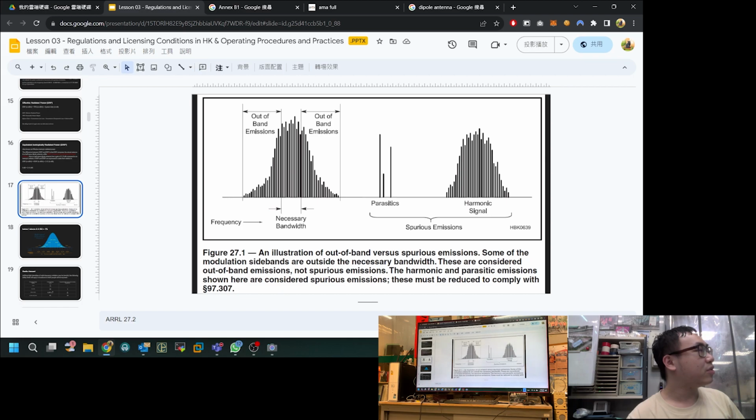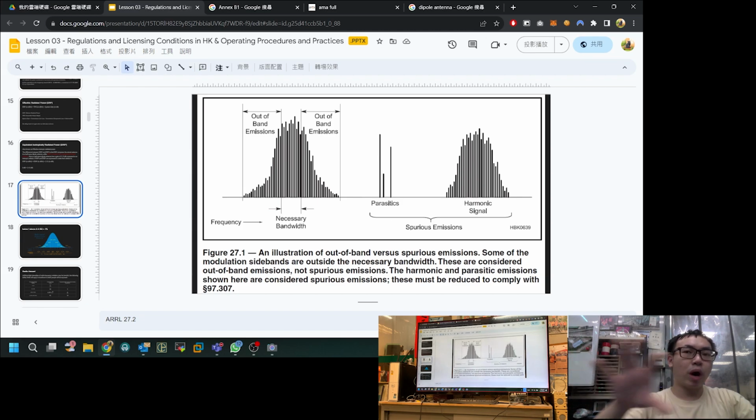Because sometimes if you are using that 144 megahertz, you may have harmonics at 288, that kind of harmonics. This also counts. Or if you are using a very wide band, you should cover at most 144. You are going to emit your signal at 144 megahertz, but your signal covers from 139 to 150, like these numbers.